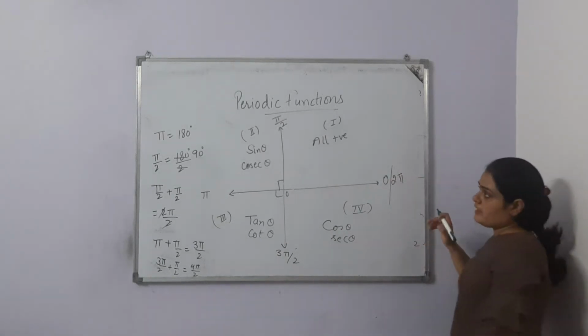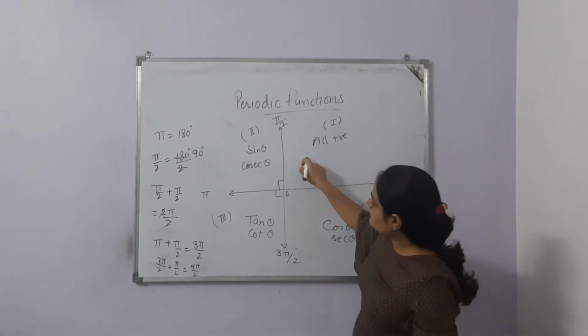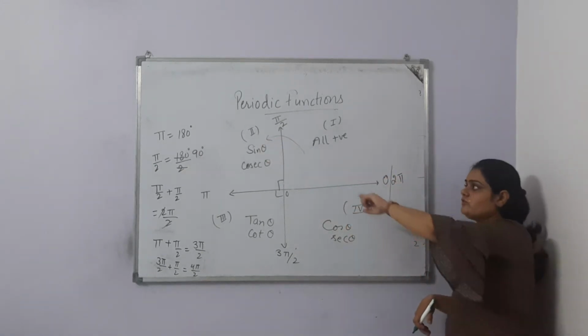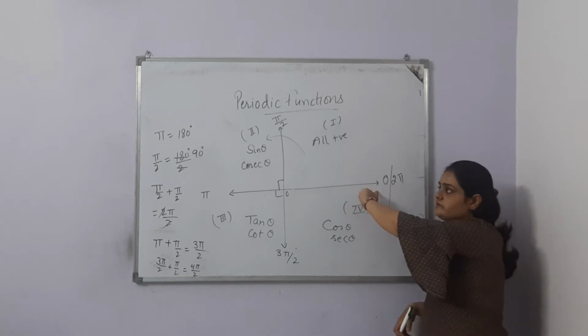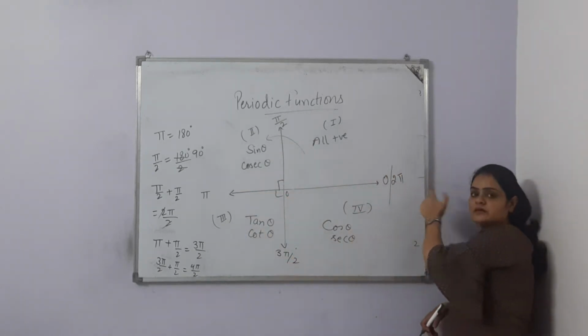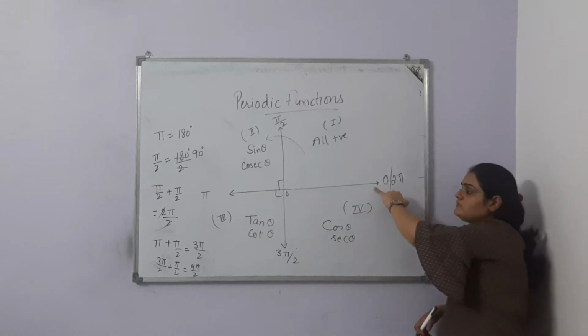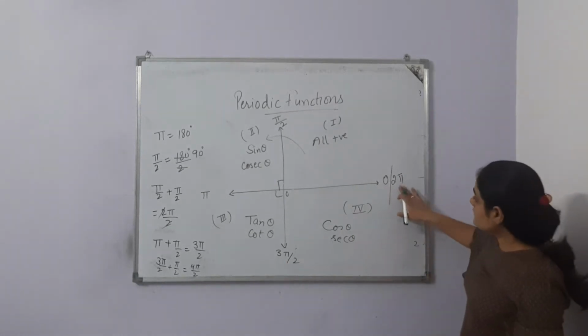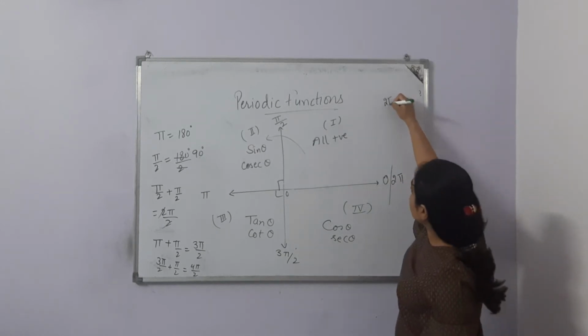The second thing you are observing is that we are going anti-clockwise. First I find this angle, then the second angle, then the third, then the fourth, and then again I am at the very first position, but the angle is different. It is 2 pi. Whenever I add pi by 2 to 2 pi, I get 5 pi by 2.